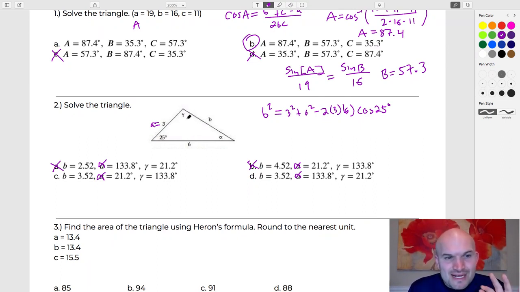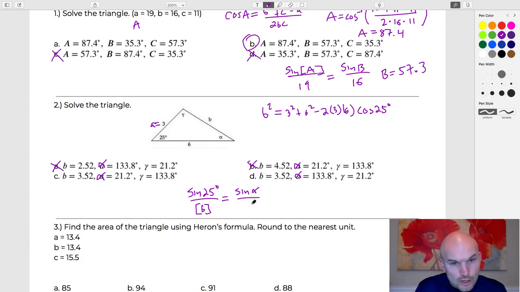So actually, I'm not even going to solve this. Here's your two answers, right? We know that alpha has to be smaller than gamma, because the opposing side of alpha is 3 and the opposing side of gamma is 6. So you could do the law of sines, and actually that's what I did. I did the sine of 25 degrees over this stored answer B is equal to the sine of alpha over 3.